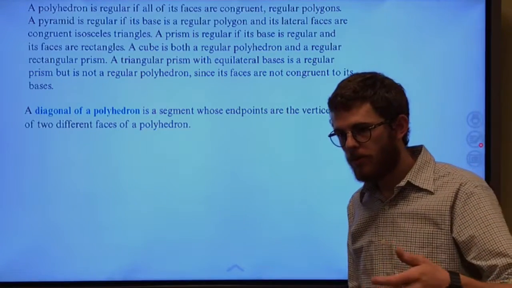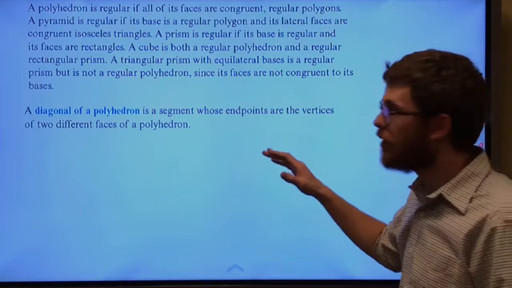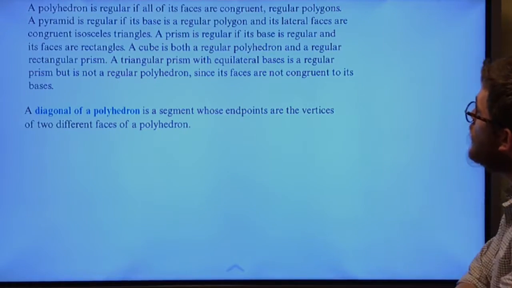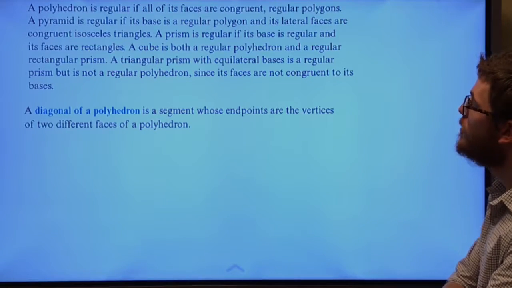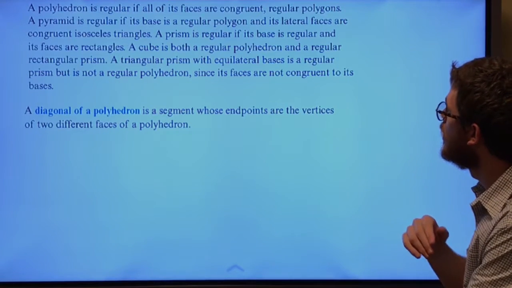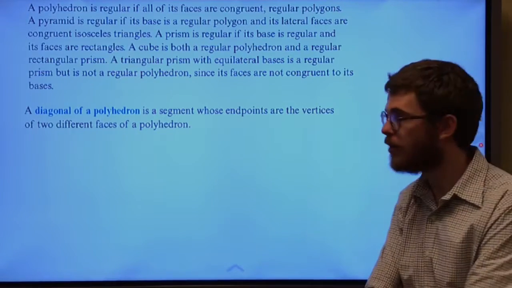Now, polyhedra can be considered regular. A polyhedron is regular if all of its faces are congruent regular polygons. A pyramid is regular if its base is a regular polygon and its lateral faces are congruent isosceles triangles.